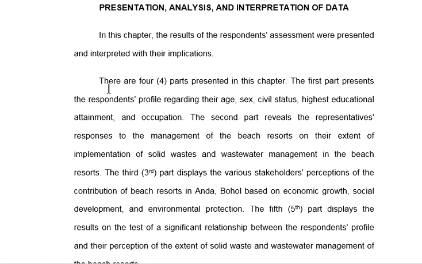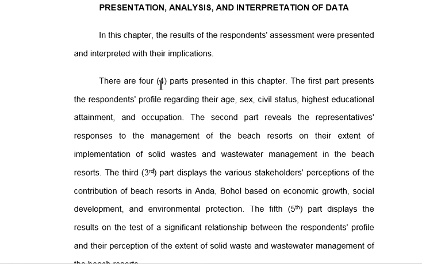For example, there are 4 parts presented in this table. The first part presents the respondents' profile regarding their age, sex, civil status, and highest educational attainment. So there are 4 tables, 4 presentations, and you must have interpretations and analysis of the data for every part.